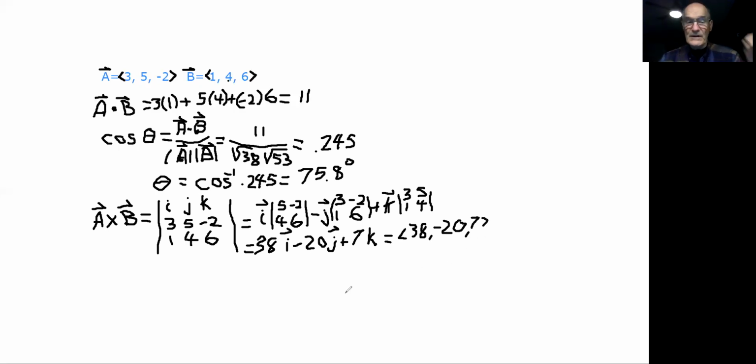Now, here's the interesting thing about the cross product. The cross product is a vector that is perpendicular to the 2 original vectors.